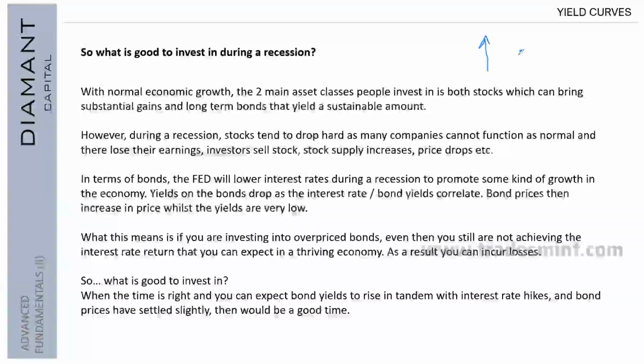Furthermore, interest rates are reduced, therefore your yield on that is not very high at all. So you might have an overpriced bond, but it only increases this much in a whole year, just a tiny bit. Whereas before, you would have seen increases this much.